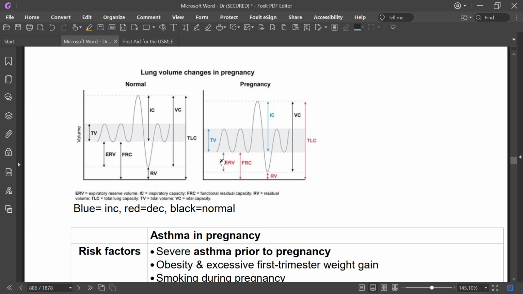So in pregnancy, tidal volume increases, inspiratory capacity increases, vital capacity is normal, and expiratory reserve volume, expiratory reserve capacity, and total lung capacity are decreased.